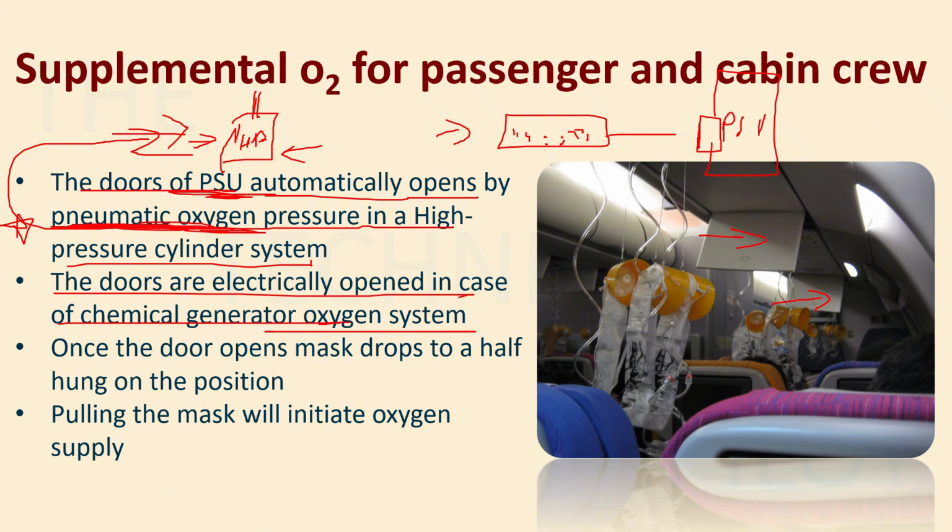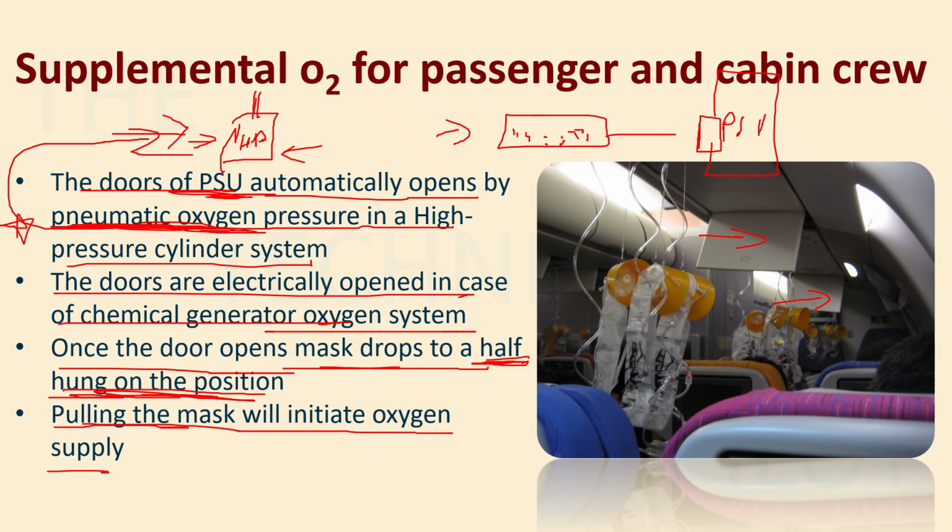So that's it. And once the door opens, the mask will drop to a half hung position, right? What is the half hung position? The mask will not fully drop till your mouth, so you'll have to pull the mask so that you can place it on your mouth. The action of pulling the mask will initiate the oxygen supply.